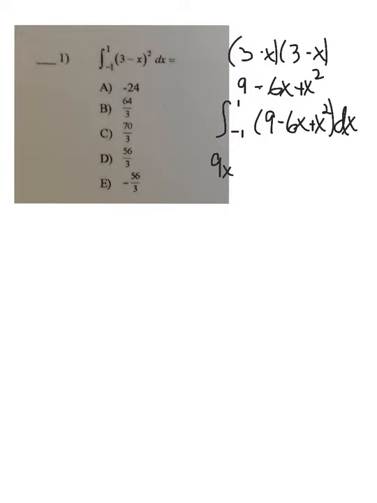If we integrate negative 6x, remember that's going to become negative 6x squared divided by 2, so that's really minus 3x squared. And then for that last one, we've just got 1/3 x cubed. And we are going to be evaluating this from -1 to 1.